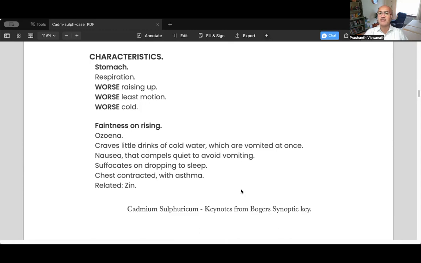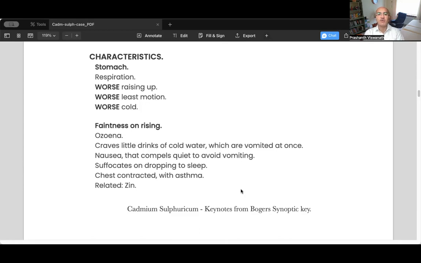And you don't necessarily need to look at a polycrest to cover those symptoms because the symptoms are so narrow that it would have to be one of the lesser known remedies. More on this later. I will explain my thought process in a little bit more detail later on.